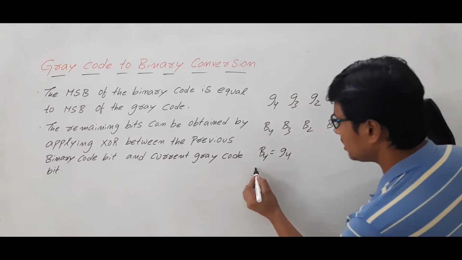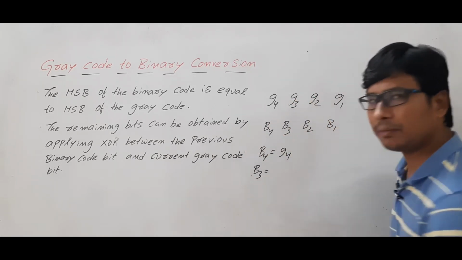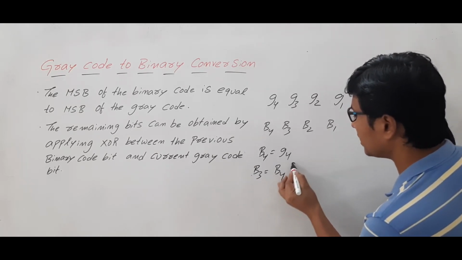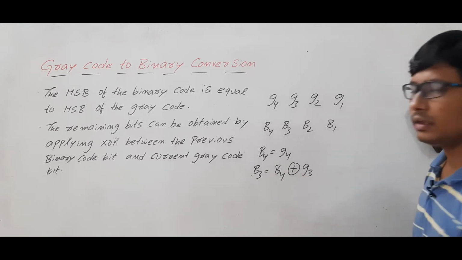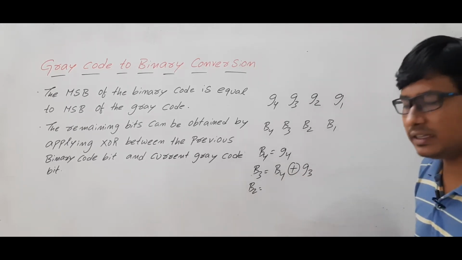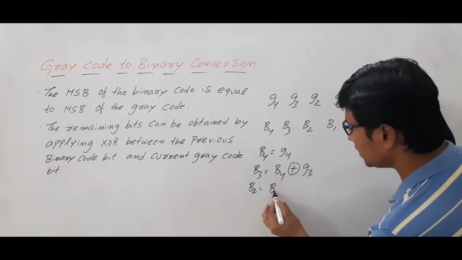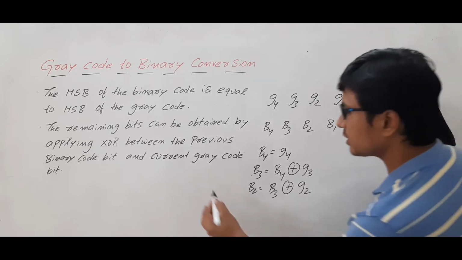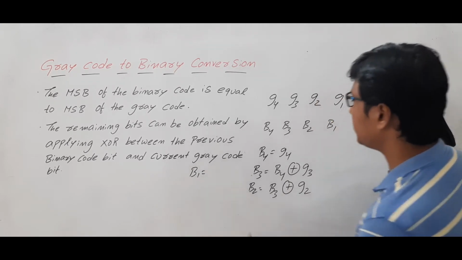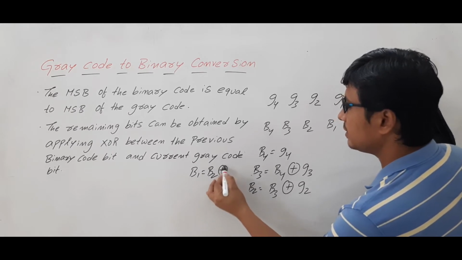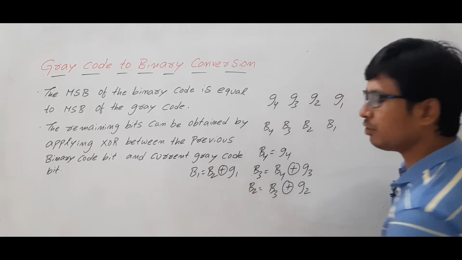So B3 can be obtained by applying the XOR between B4 and G3. Similarly, B2 can be obtained by applying the XOR between B3 and G2. Similarly, B1 can be obtained by applying the XOR between B2 and G1. I hope you have understood.